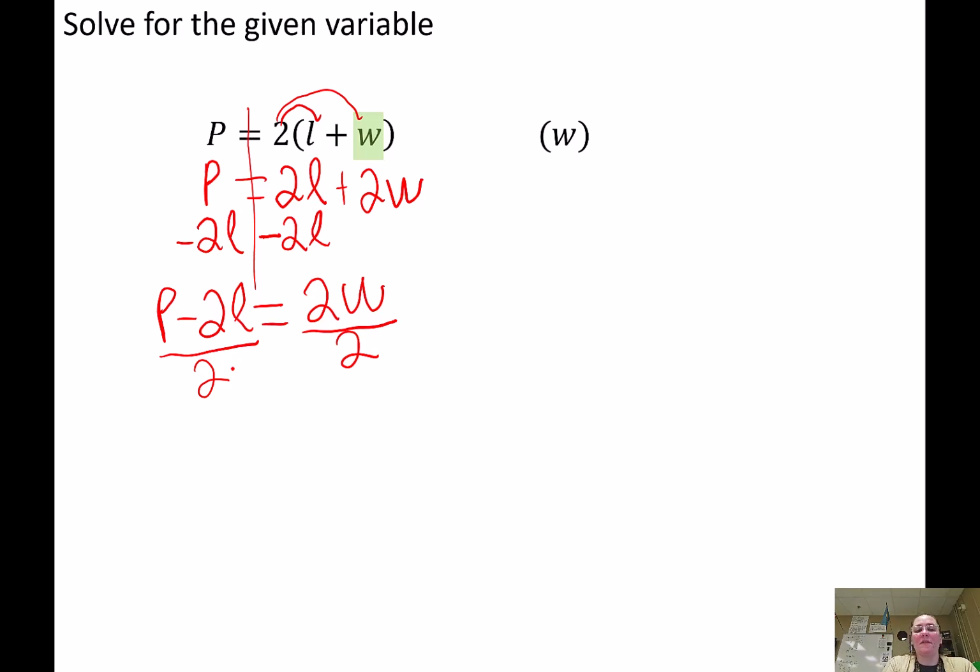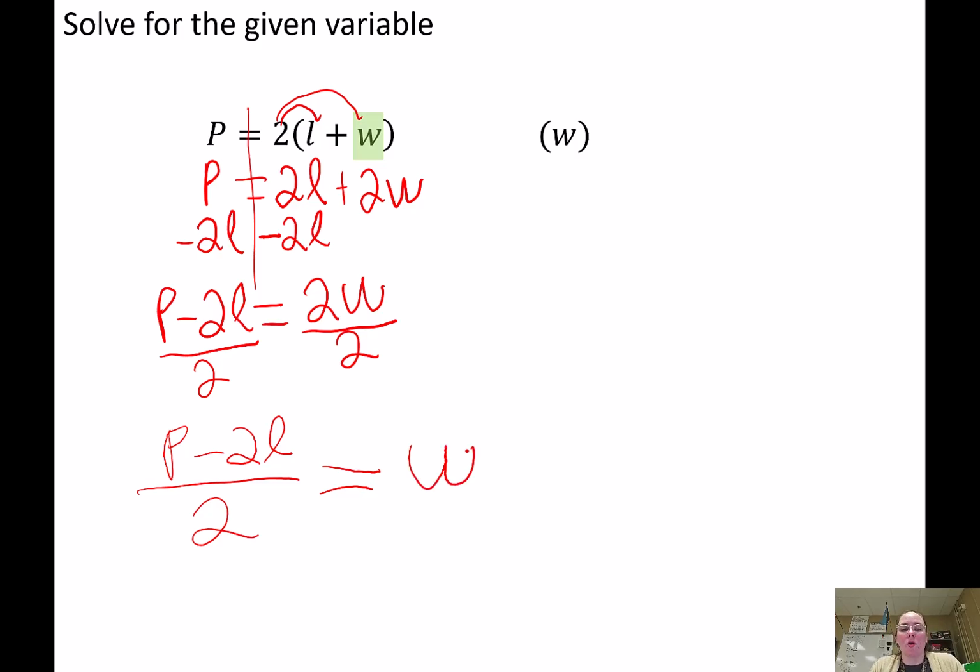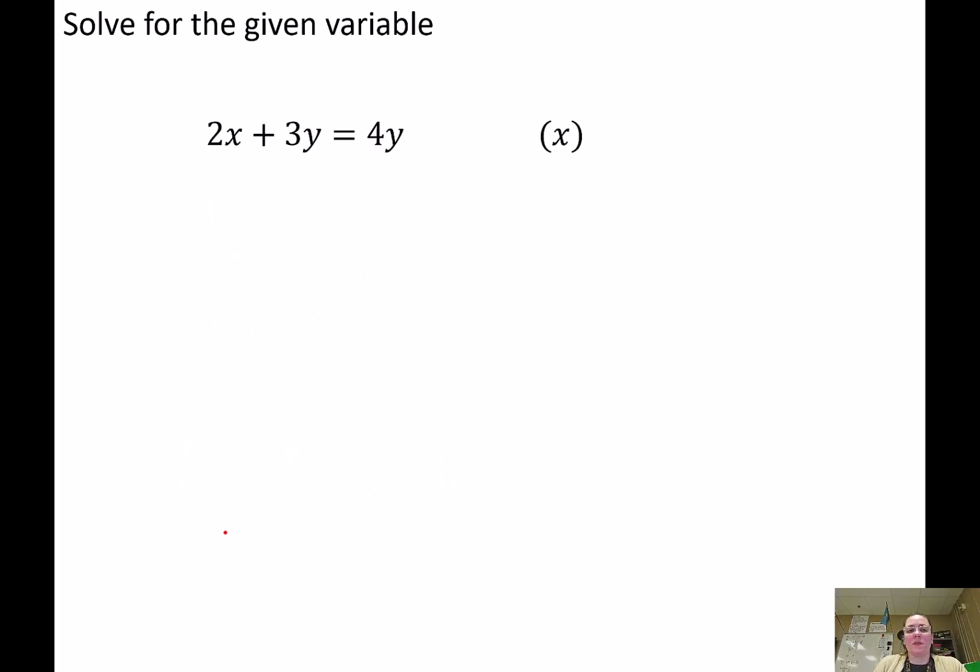You might see it left this way as P minus 2L over 2 is equal to W. But you could simplify it more and get P over 2 minus L, okay? Because the P, we have to divide the 2 from both things. And so we can split it out that way.